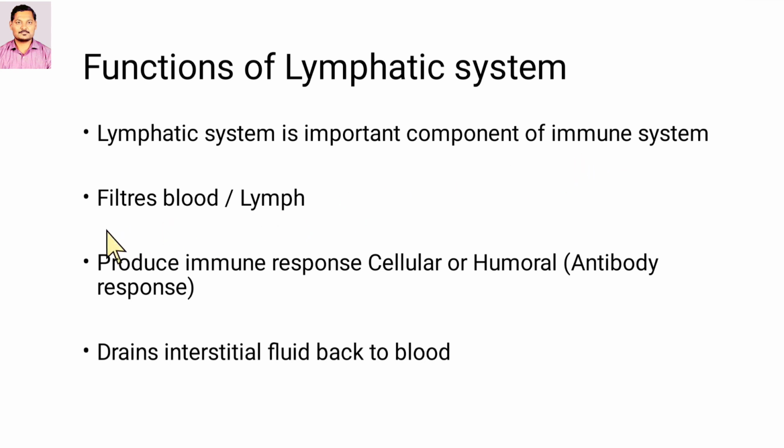So yes, it filters blood and lymph. It acts as a filtering organ. Many of the organs filter the blood and the lymph. And they produce the immune response, as we have already seen, it's a component. And it may be a cellular response, or there may be a humoral or antibody response.